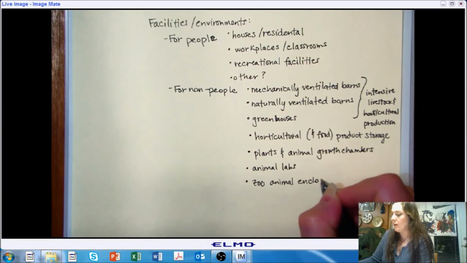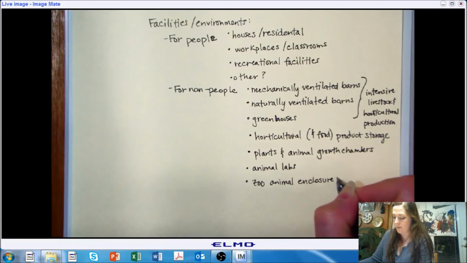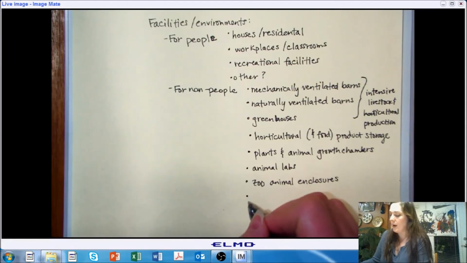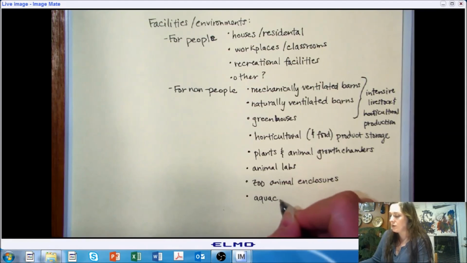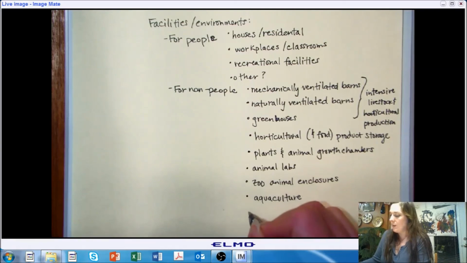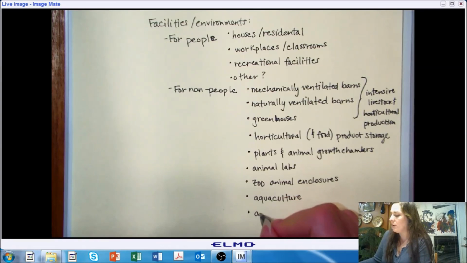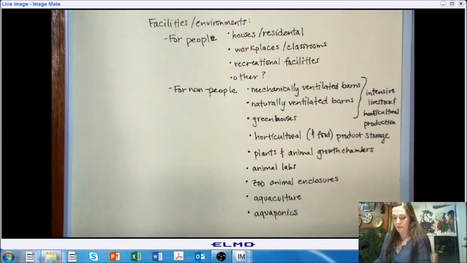And if we kept thinking, we could continue our list of potential needs for animal housing. We could also move into aquaculture, so fish production in a controlled environment. And we could start to look at systems where we have a combination of both plants and animals. So aquaponics, fish and plants together.